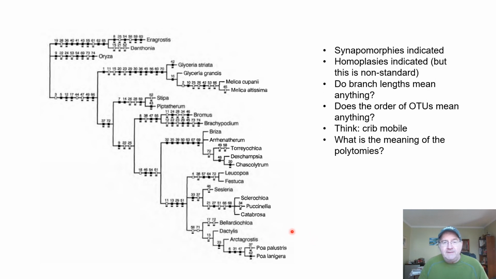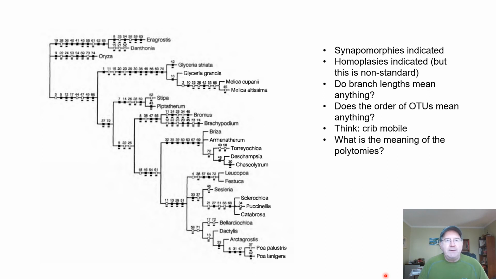The topology, the relative position of everybody, stays the same, even if I spin this one 180 degrees, spin this one around any of those nodes. So in that sense, the order of the names of the OTUs does not signify anything. What's important here is the topology, the shape of the tree.